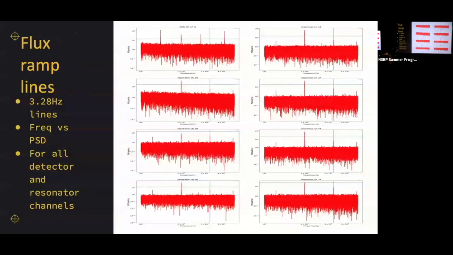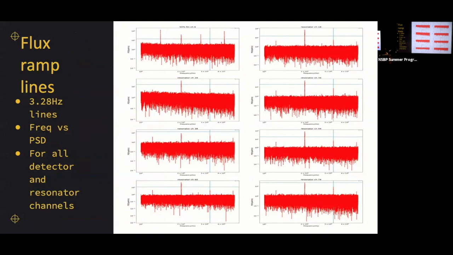Then from there we went on to look at flux ramp lines. Flux ramp would be the 4 kilohertz signal from the retransmission model, and we had 6 frequencies to look at in our data. This is a plot of the 3.28 hertz, and for this one, we got pickup in pretty much everything.